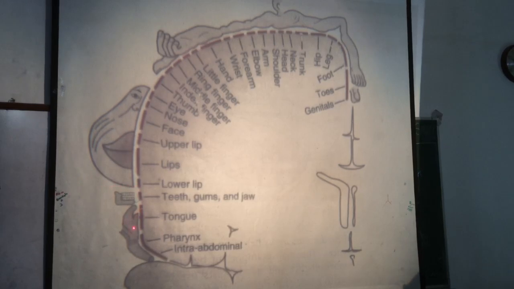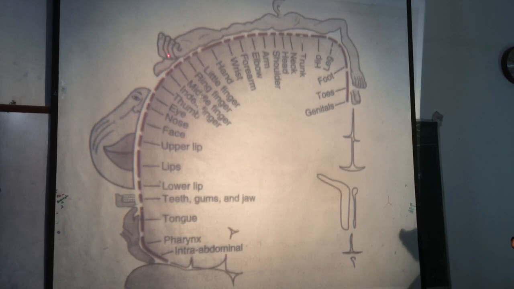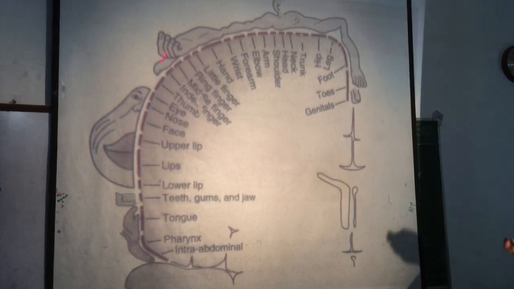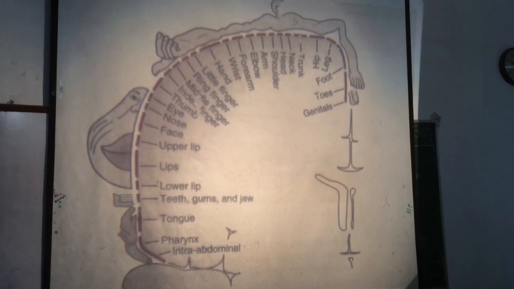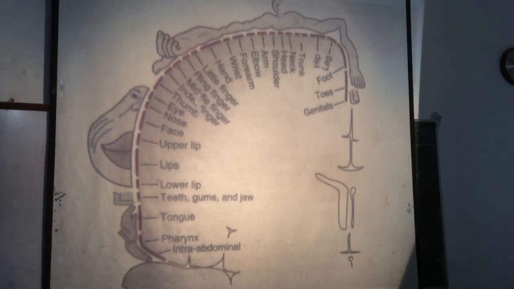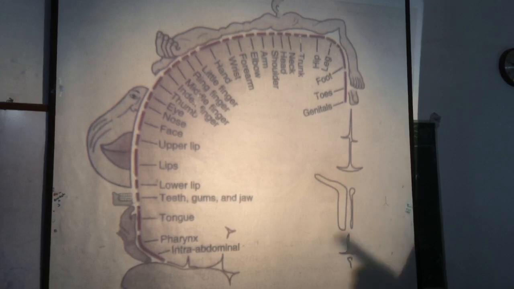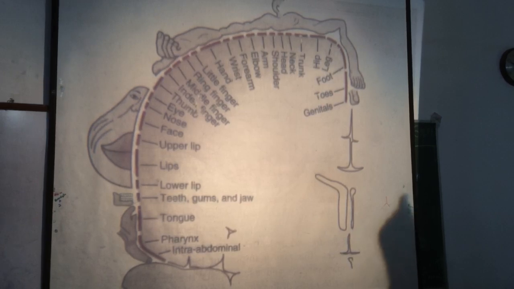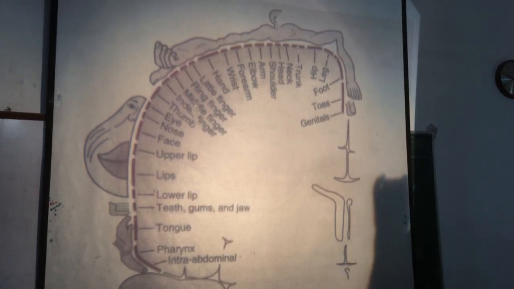You see tongue, lips, thumb, fingers, hand, and then toes. These occupy a much larger area. I can say that the area of representation of different parts is not according to the anatomical size, but according to the physiological importance.